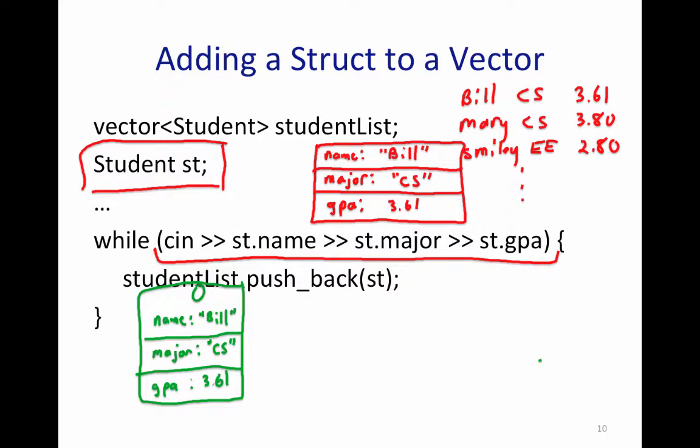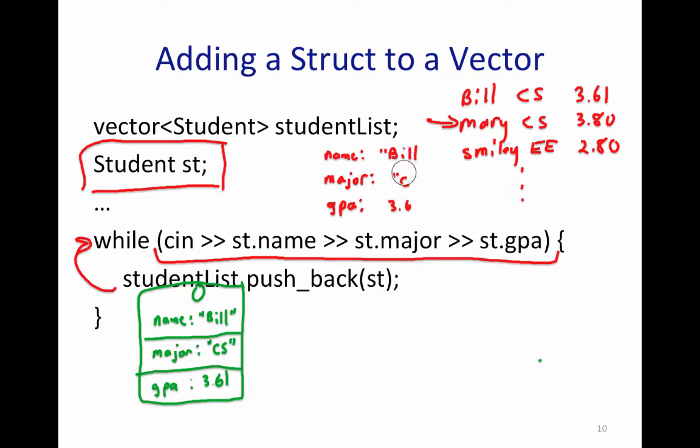Then it comes back up to the top, and it reads the second record, which is Mary, and now we get in st Mary, CS, and 3.80.